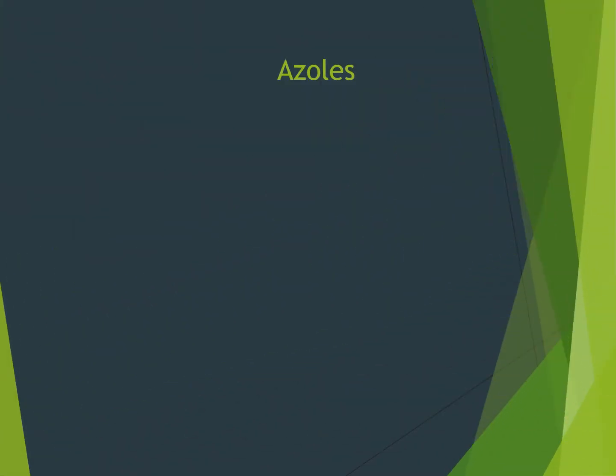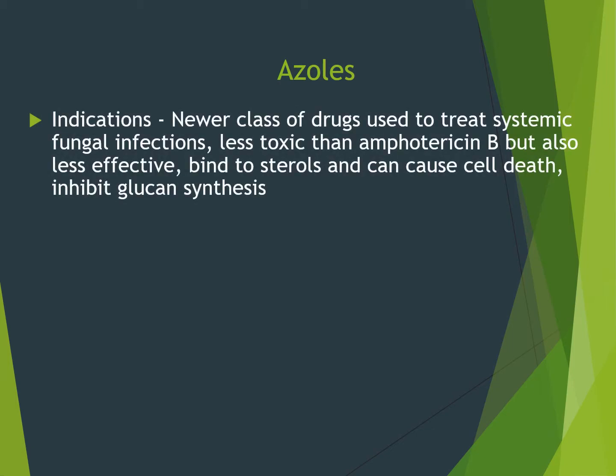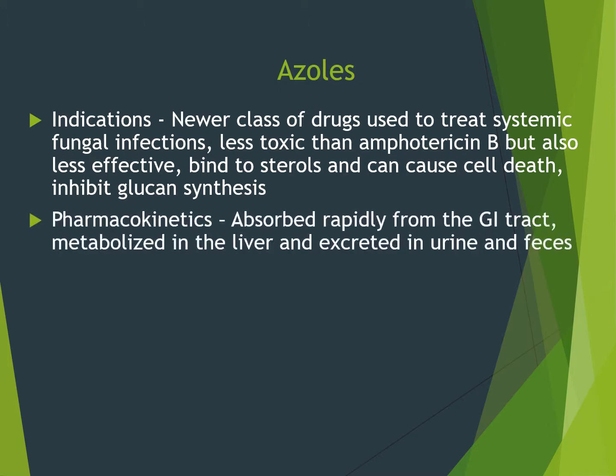Okay, so the classification of drugs that we're going to look at here, you have the azoles that are used to treat the systemic fungal infections. They're less toxic than amphotericin B, but they are also a little bit less effective.